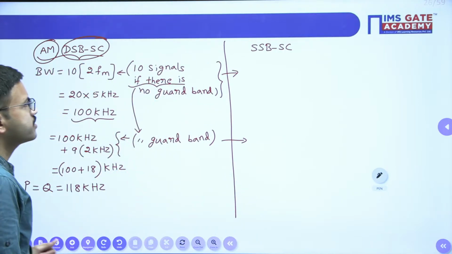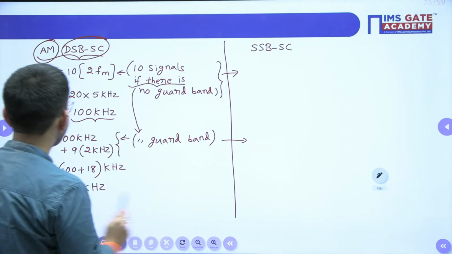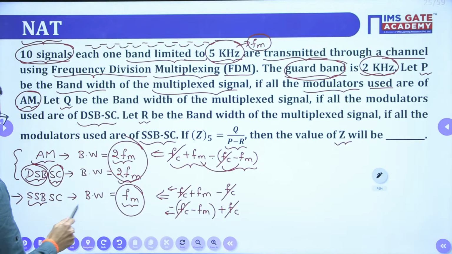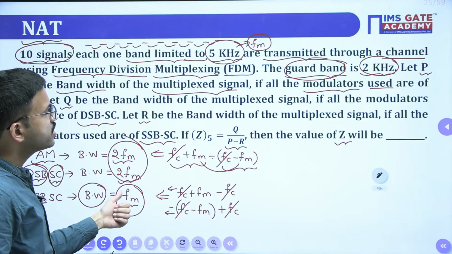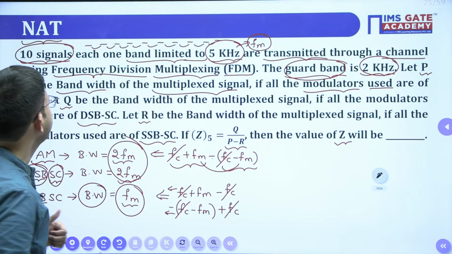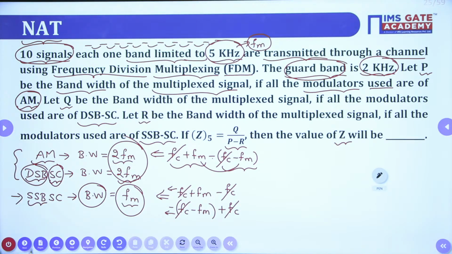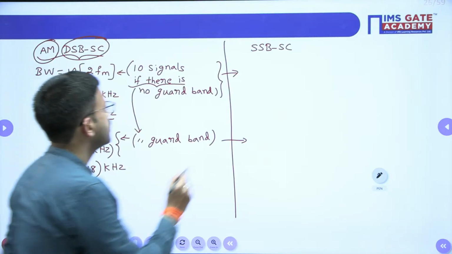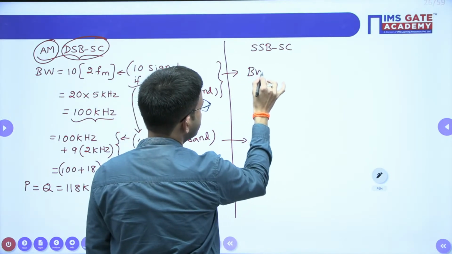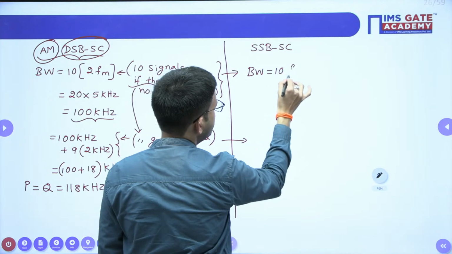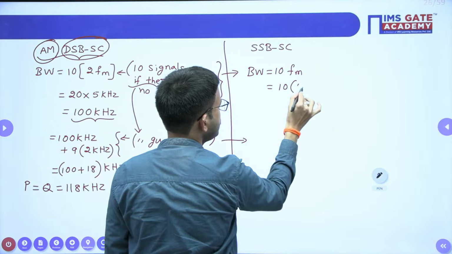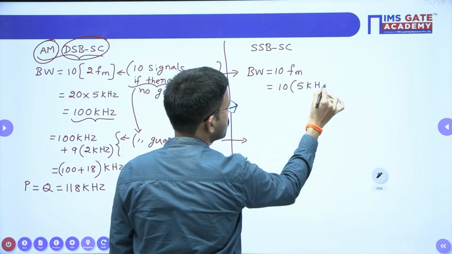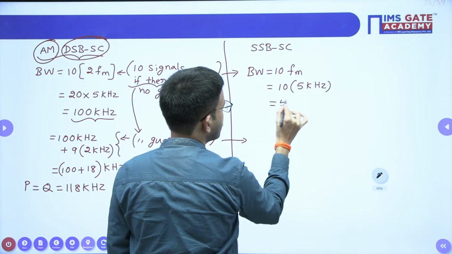Yes, correct, excellent. See, in the SSBSC, what we have mentioned: if you have a single signal, then fM is the bandwidth. Like that, if you have 10 signals, then you have to multiply the bandwidth by 10 into fM. fM they have mentioned as 5 kilohertz, so that means 50 kilohertz.